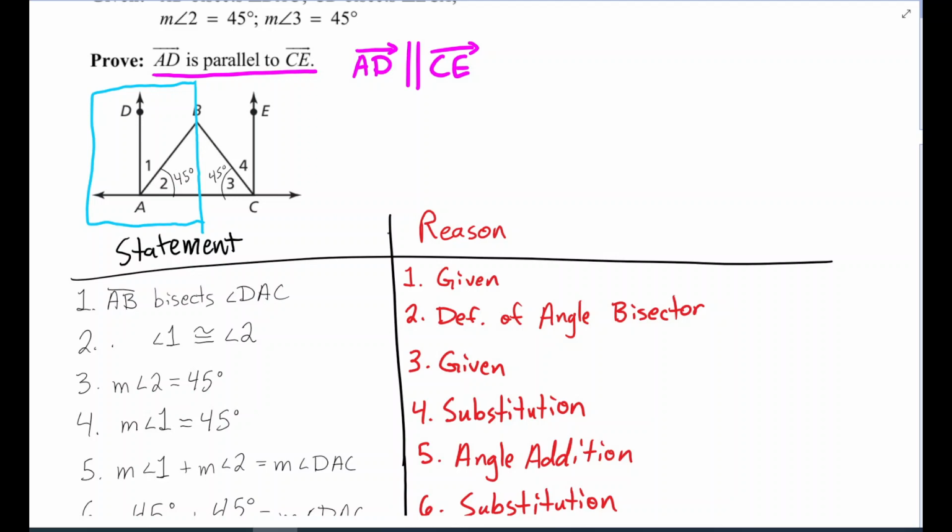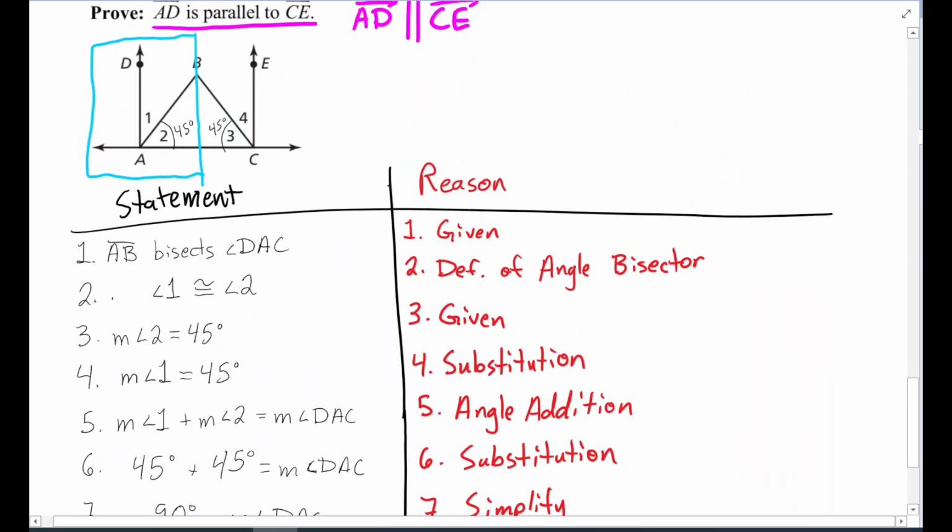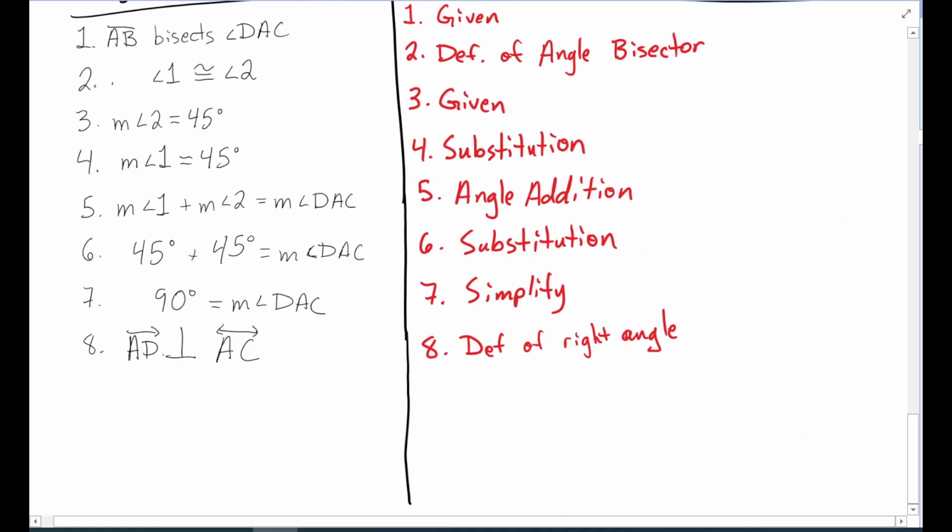Likewise, the same steps would follow to show that CE is perpendicular to AC. So rather than write out 7 steps again, I am going to say CE is perpendicular to AC.